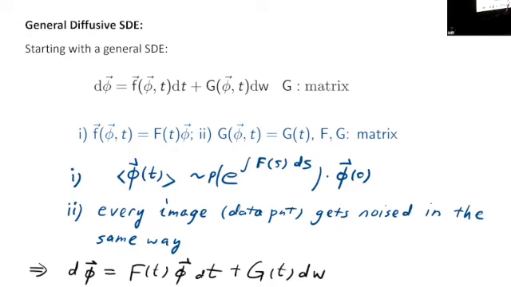The choice is that both F and G are proportional to the identity matrix, multiplied by a scalar. That's your noising schedule beta. Can we justify these choices? In particular, once you write down these choices, as I derived for you earlier, the prior distribution is going to be homogeneous Gaussian.